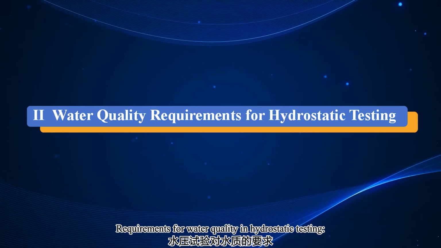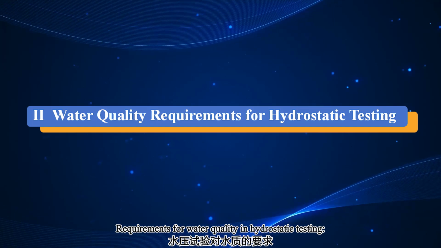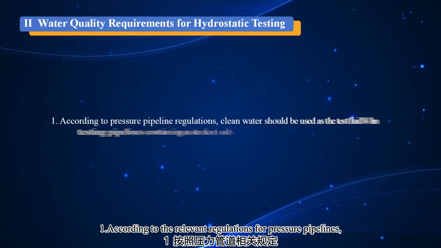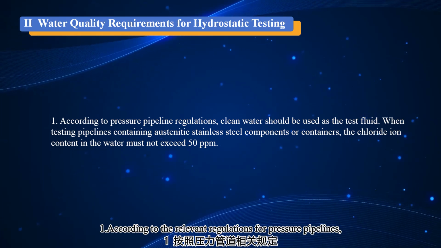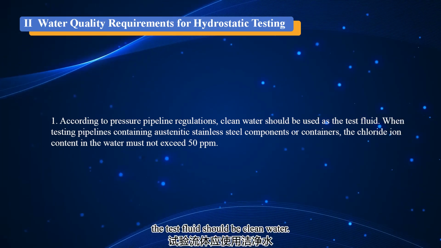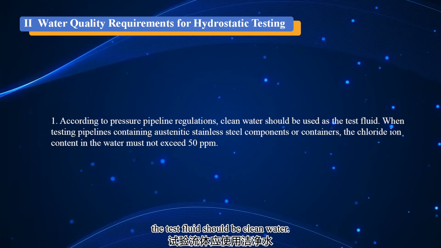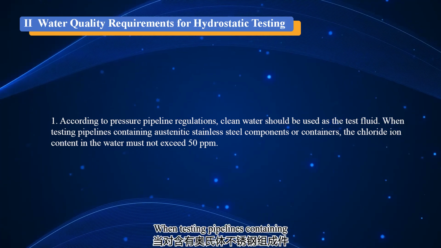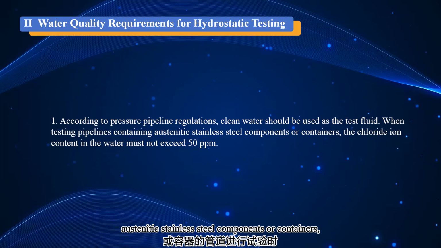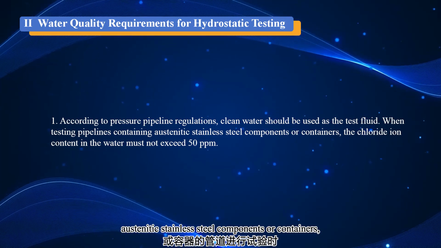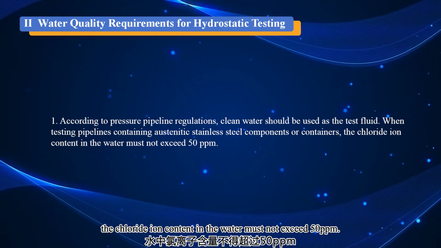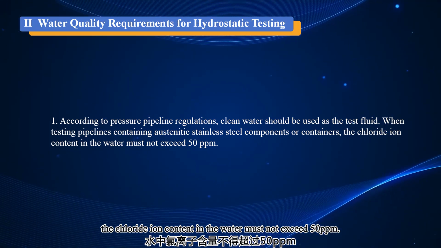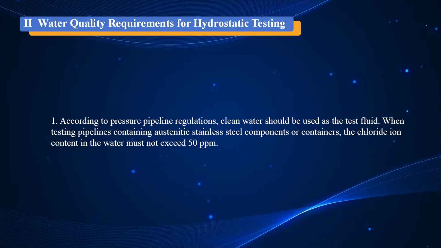Requirements for water quality in hydrostatic testing. First, according to the relevant regulations for pressure pipelines, the test fluid should be clean water. When testing pipelines containing austenitic stainless steel components or containers, the chloride ion content in the water must not exceed 50 ppm.